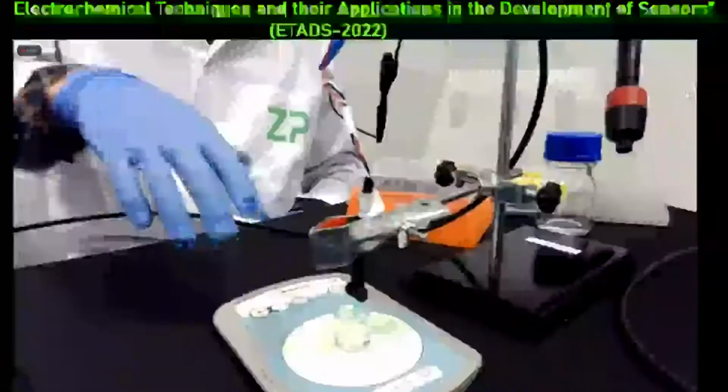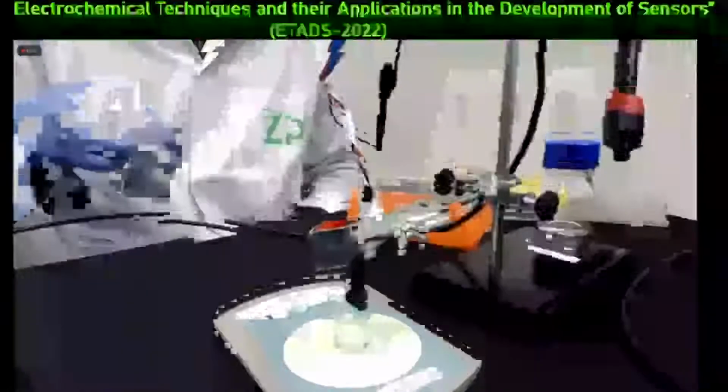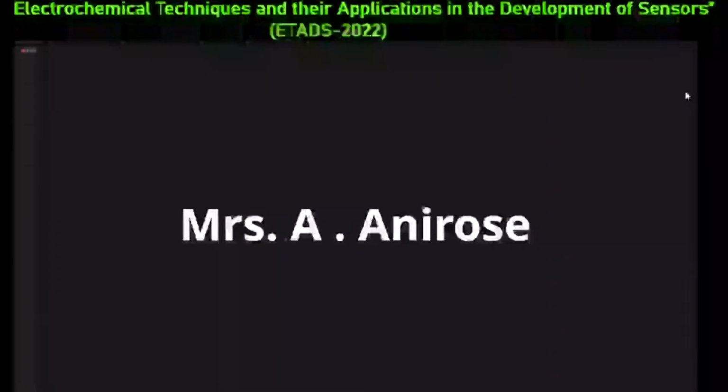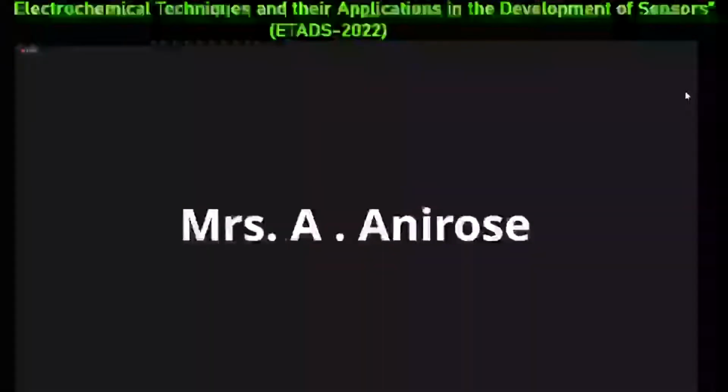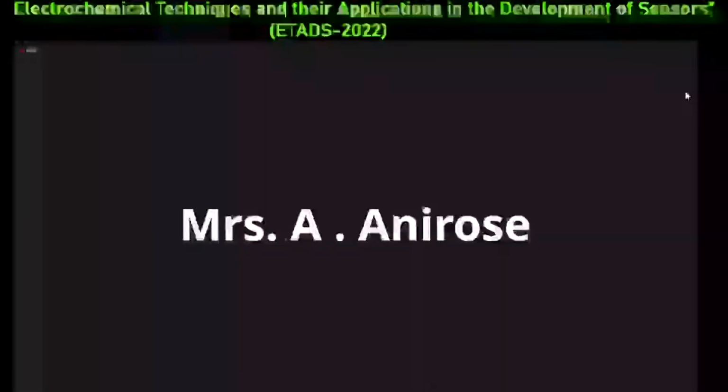But before that, we're going to first acquire a baseline, and we wait for about 40 or 50 seconds. Once that baseline is acquired, I will add an oxygen scavenger to the solution and see the sensor's response.